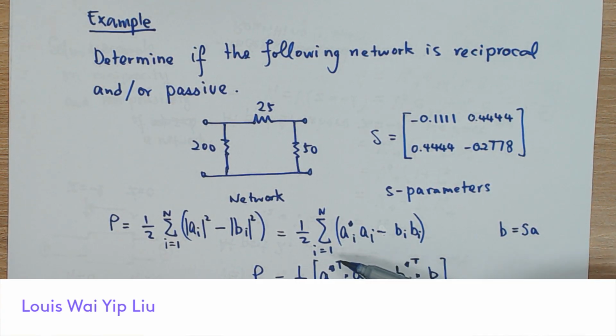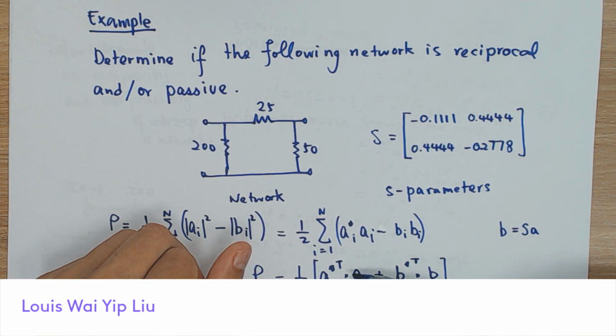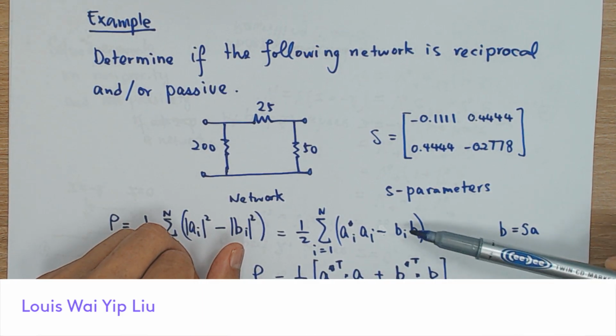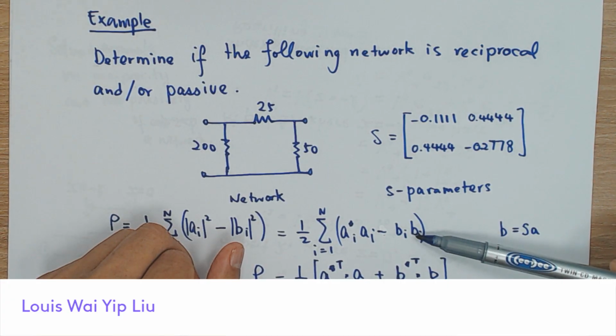So what we can do is use a column matrix for the incident power at the different ports, and a B matrix to represent the reflected power for all the ports.